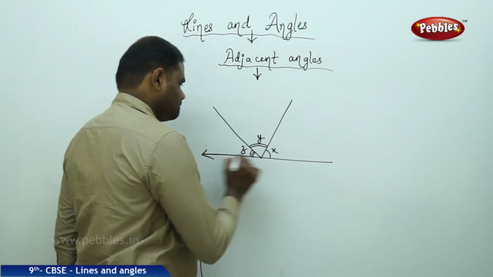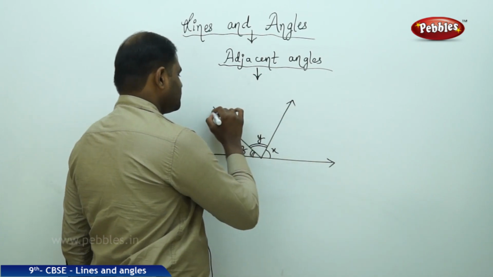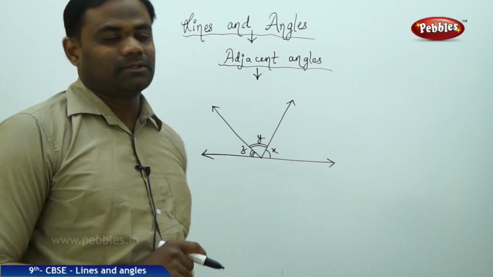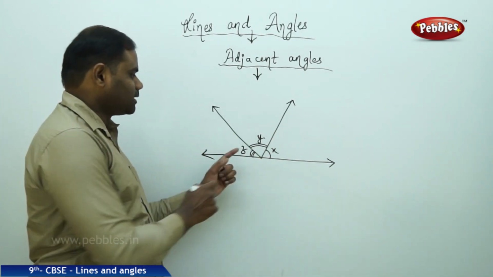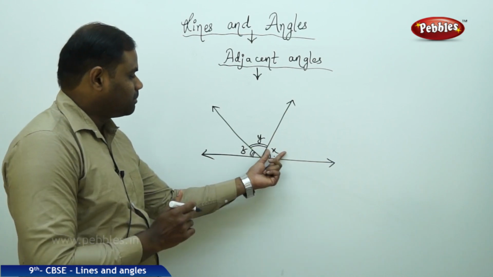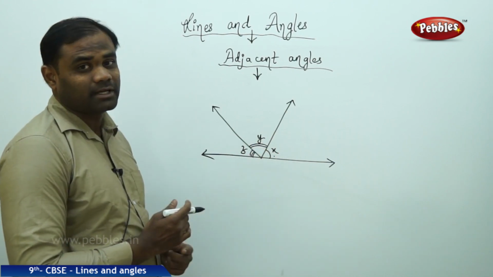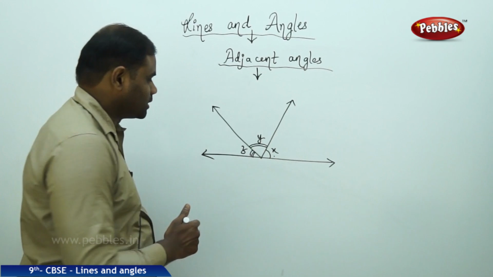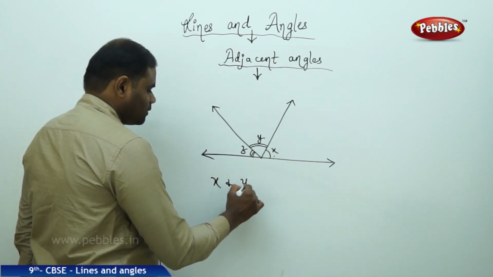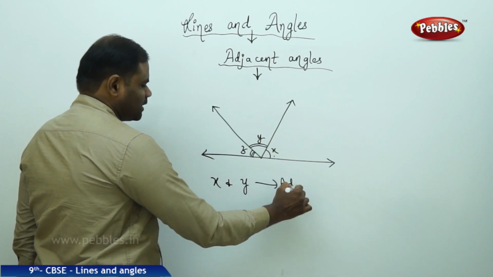Now here, let's see how adjacent angles can be applied to this. Clearly I see that X and Y are beside each other. But when I take the pair X and Z, they are not beside each other. So very clearly I can say X and Y are adjacent angles.